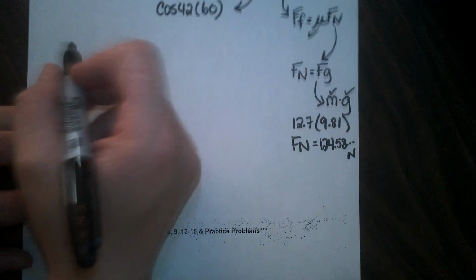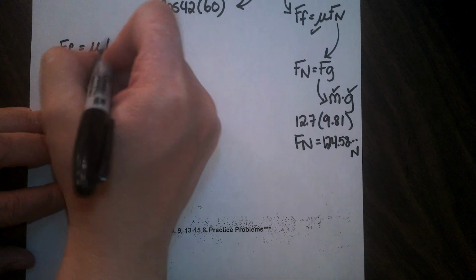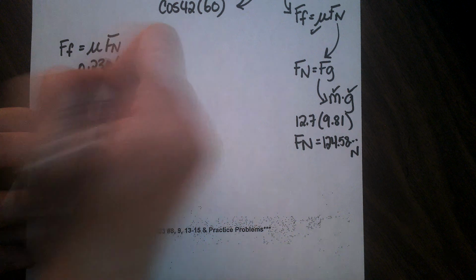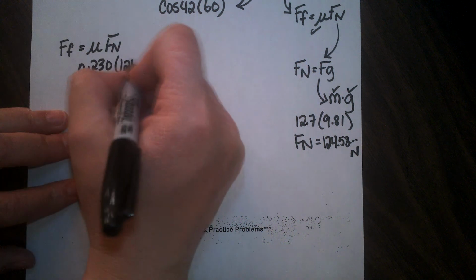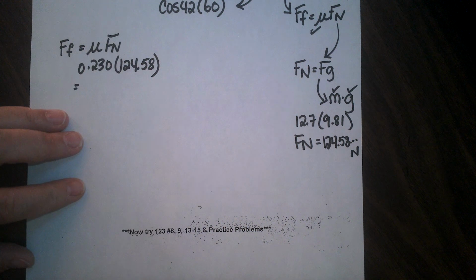We can now solve this one. So I'm just going to go over here. Force of friction is equal to mu times Fn. I got 0.230 times 124.58. What do I get for a value there?